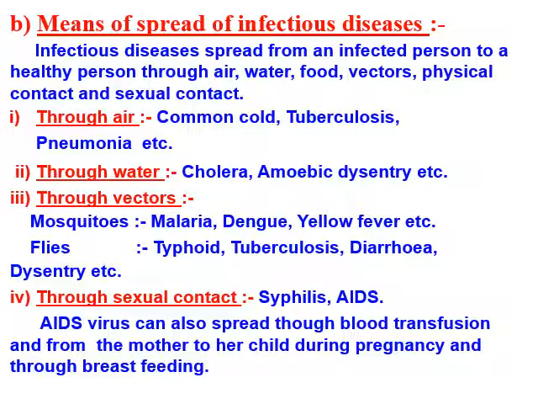Means of spread of infectious diseases. Infectious diseases spread from an infected person to a healthy person through air, water, food, vectors, physical contact and sexual contact. Through air, diseases like common cold, tuberculosis, pneumonia, etc. can be spread.